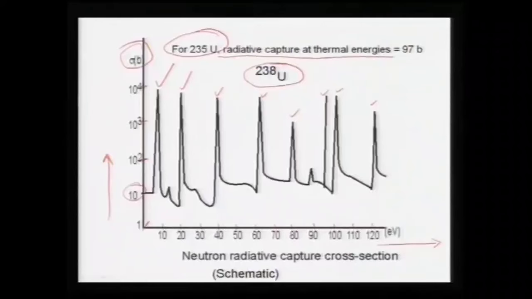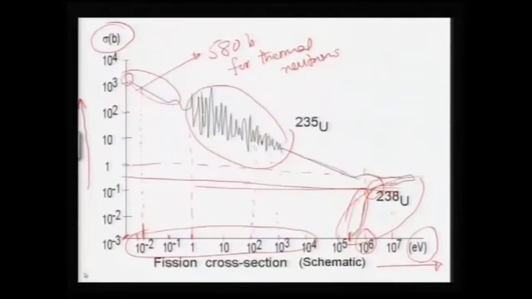Now, the radiative capture cross section at thermal energies for uranium 235 is about 97 barns, and it gradually decreases, just like the fission cross section. You have seen the fission cross section decrease. Similarly, the radiative capture cross section also decreases.